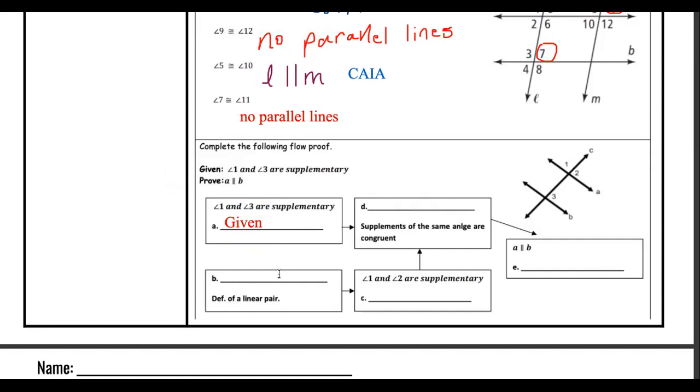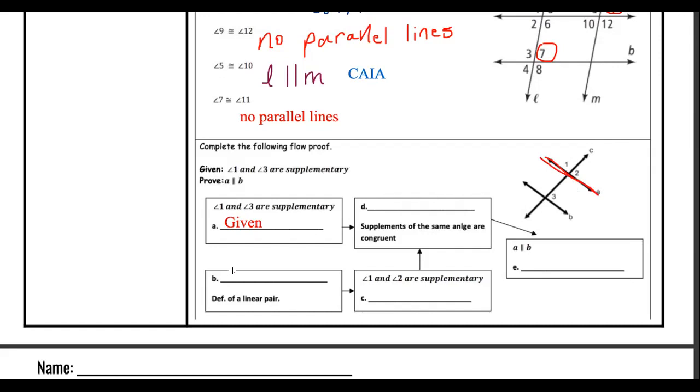We have to give a statement. They have the reason as definition of linear pair. So let's look at the figure. Do we have anything in the figure that would be a linear pair? We know that means two angles that are on a straight line together. That's a linear pair. And if we look, angles 1 and 2 make a straight line, so they're a linear pair.